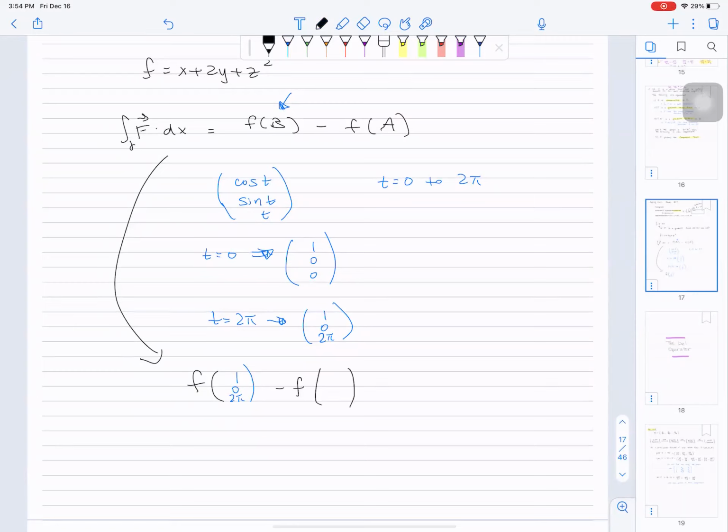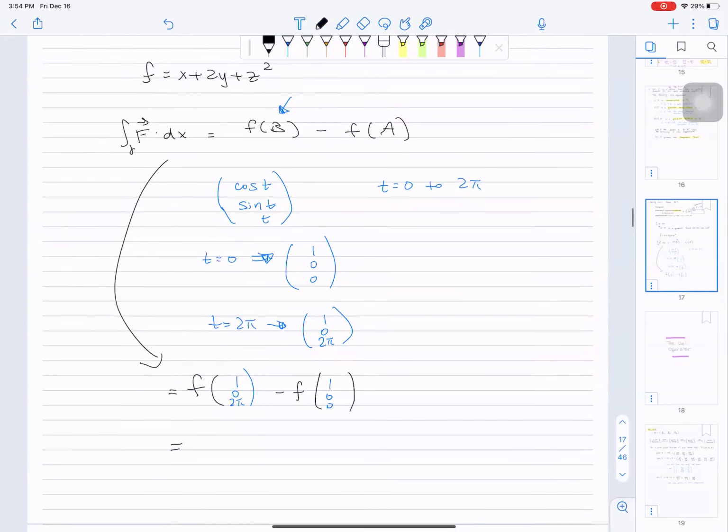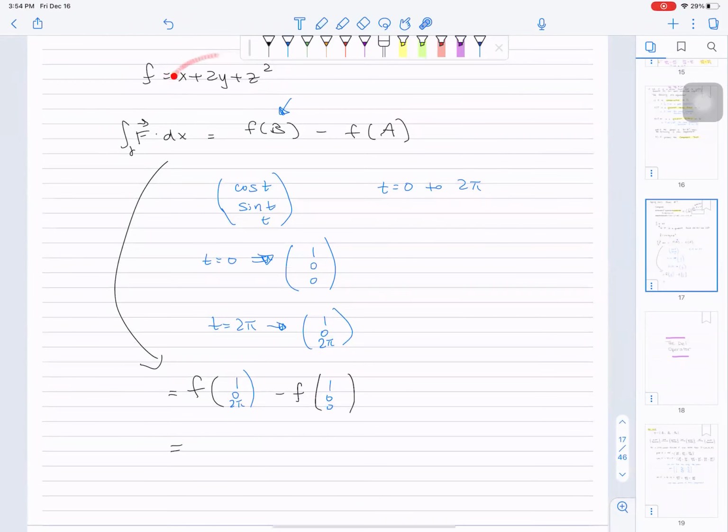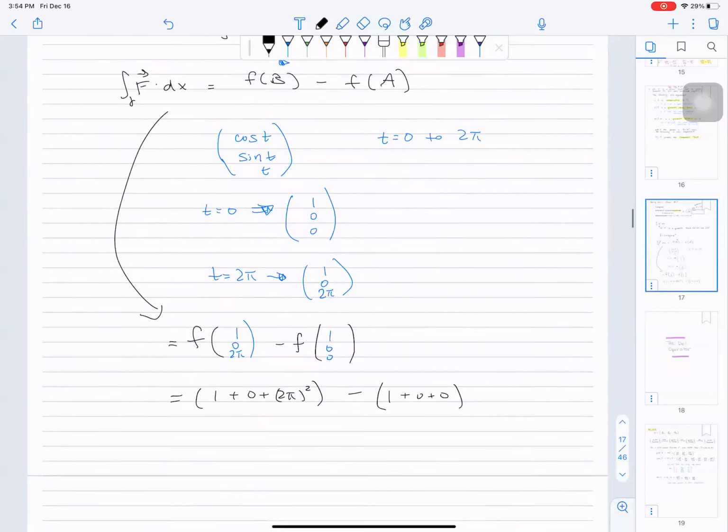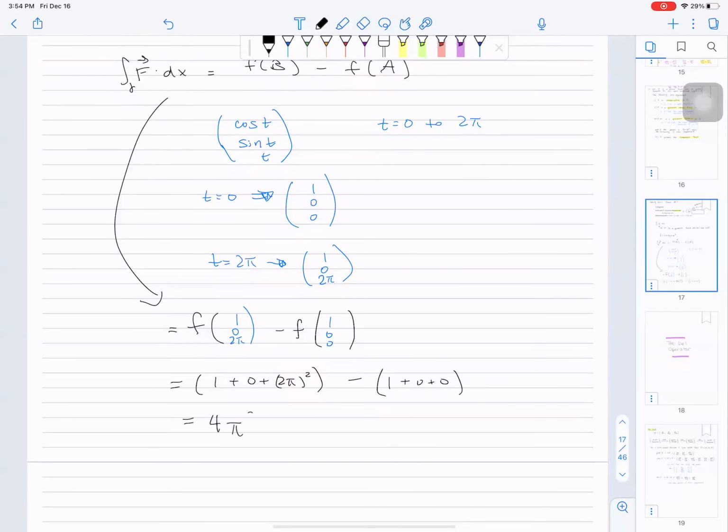Minus f at my starting point, which is 1, 0, 0. So I plug this into my potential function, x plus 2y plus z squared. What do I get? I get 1 plus 0 plus 2 pi squared, minus 1 plus 0 plus 0. In other words, I get 4 pi squared.